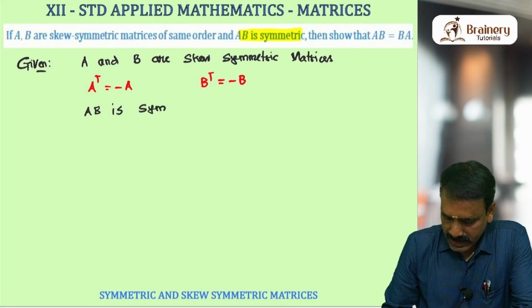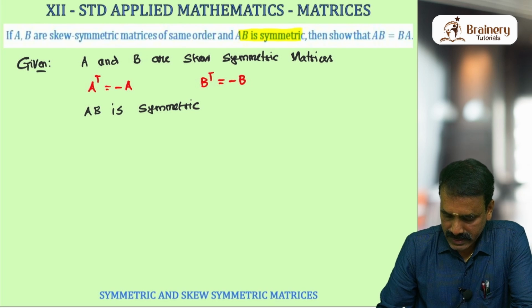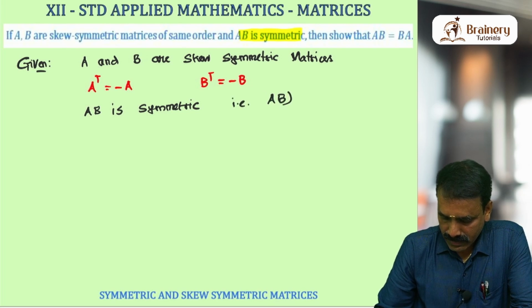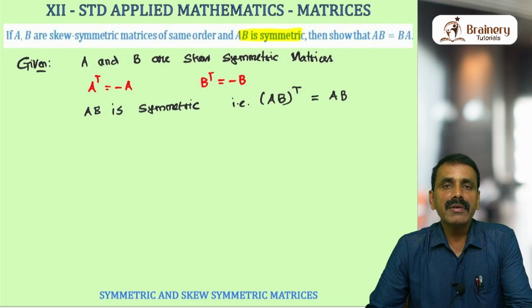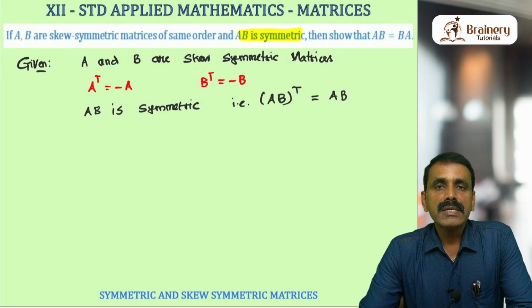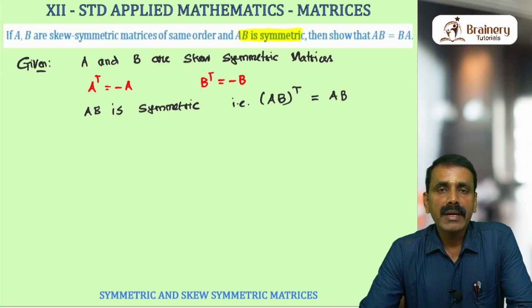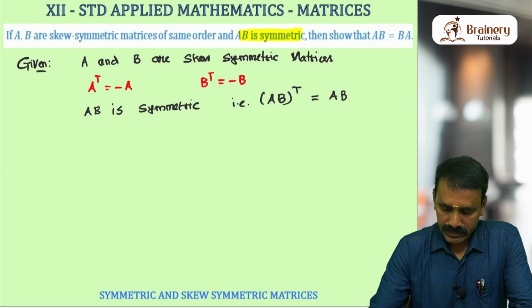It is not skew symmetric. That is, AB whole transpose is equal to AB itself. We are not supposed to put a minus symbol, because it is a symmetric matrix. If it is a symmetric matrix, AB whole transpose will be equal to AB itself. No change.